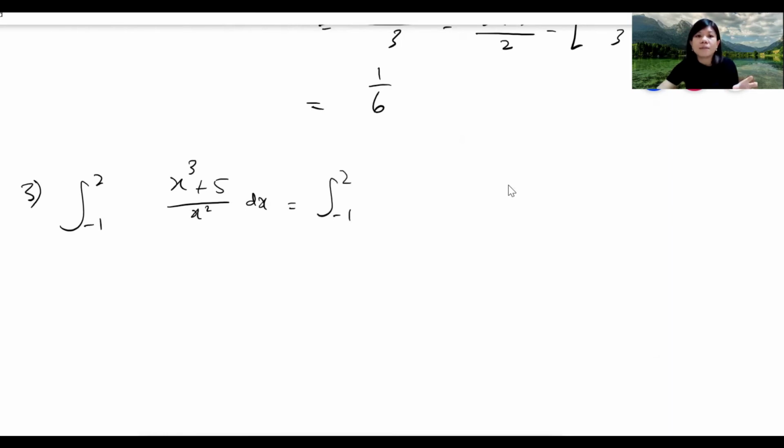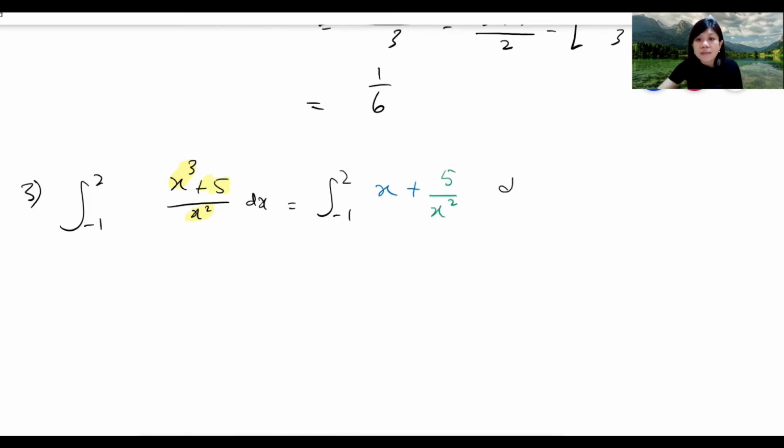But in this case, because I'm dealing with a function that is a little bit more complicated, I decided to simplify this function first by taking the x cubed to divide with the x squared, giving you x, and then I'm going to take the 5 and divide with the x squared, and that gives you 5 over x squared.